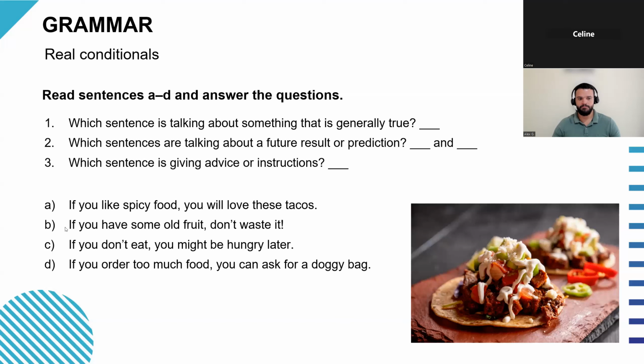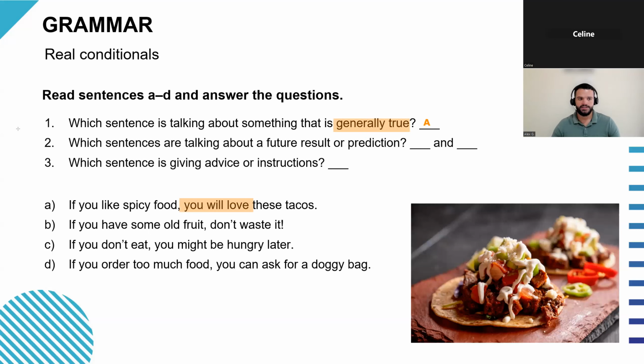All right, let's go with B. A is number 1, like this. So this is A, right? Yes. Exactly. You can see, Celine, that something that is generally true is you will love these tacos. That's something that's normally true.